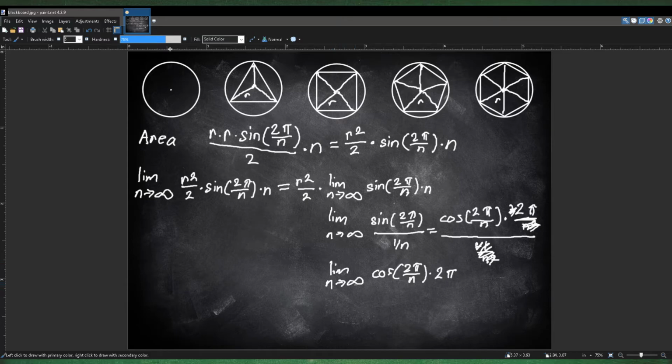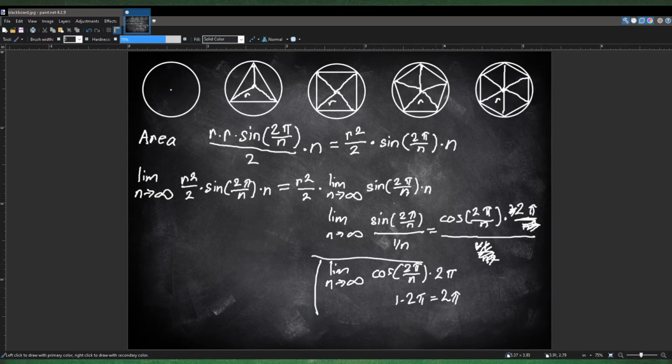Okay, so as n approaches infinity, 2 pi divided by n is going to become 0. So cosine of 0 is 1. And then 2 pi is a constant, so it's just multiplied by 2 pi. So the limit as n approaches infinity of cosine of 2 pi over n times 2 pi is going to approach 2 pi. Okay, so we know that's true.